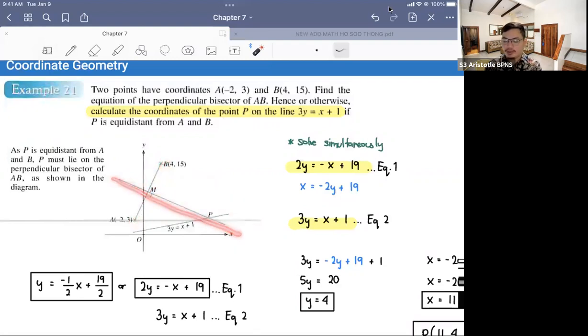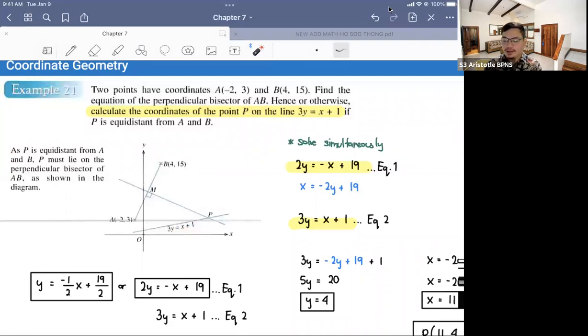All right. Now, it says here that there's another line that intersected your perpendicular bisector. Now, this line is 3y equals x plus 1.